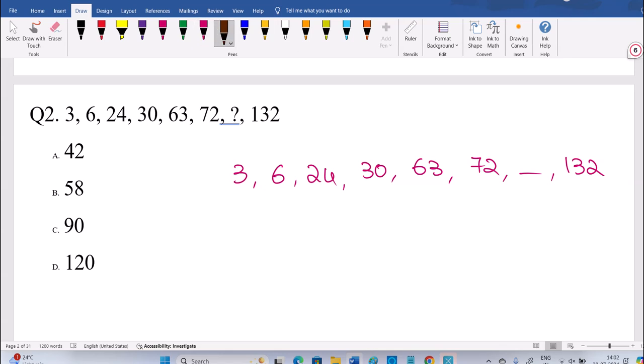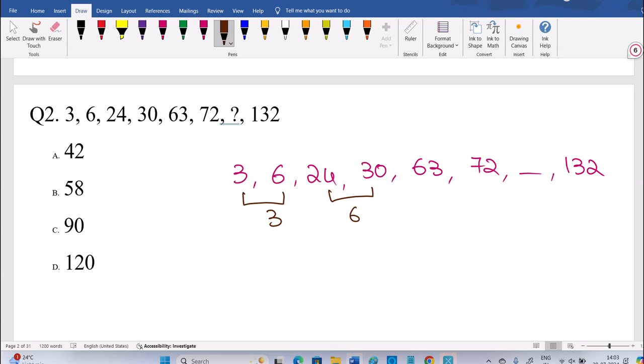Sir, it seems like a slow increase, sir. Some people will climb in that way. Okay, if that is the case, fine. You check whether it maps to every logic or not. Here, if you see, what is the difference between these two numbers? 3. Here, 24 and 30 is 6. I know 6 and 24 is 18.